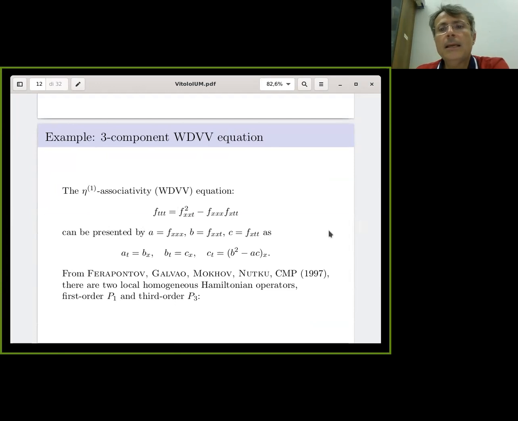And this is exactly the case when you have only one scalar equation. This is the way the equation is rewritten in a hydrodynamic type form, as a hydrodynamic type system or a quasi-linear system of the first order.